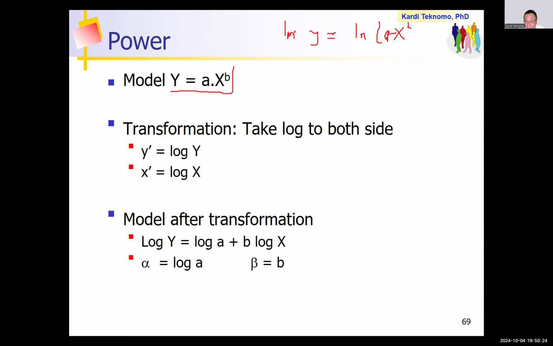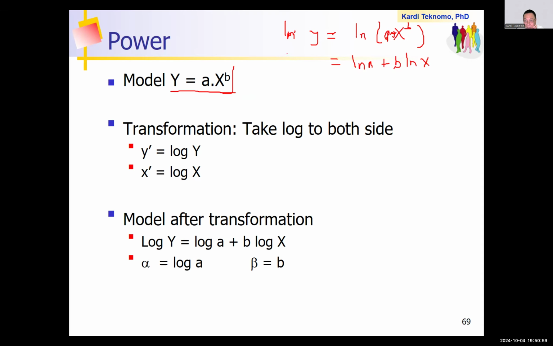multiplied by x exponent b, isn't it? Because you take ln on the left hand side, you take ln of the right hand side also, right? So this right hand side is the same as what? ln a plus b ln x, isn't it?